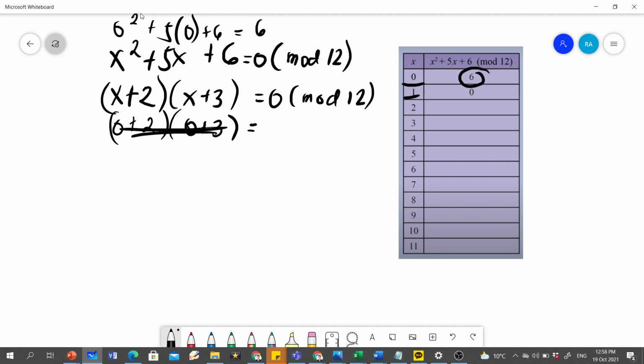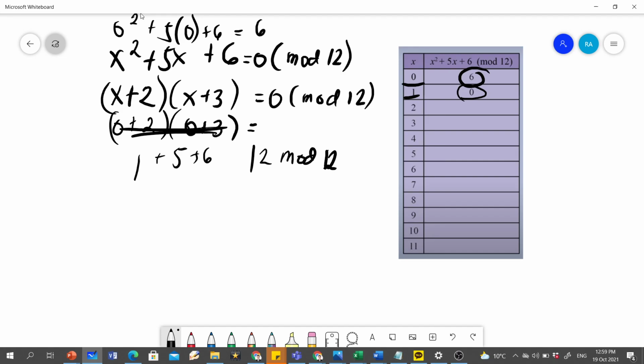Then if x is equal to 1, 1 squared plus 5 multiplied by 1 plus 6 equals 12. 12 modulo 12 is equal to 0, so we don't have any remainder there.